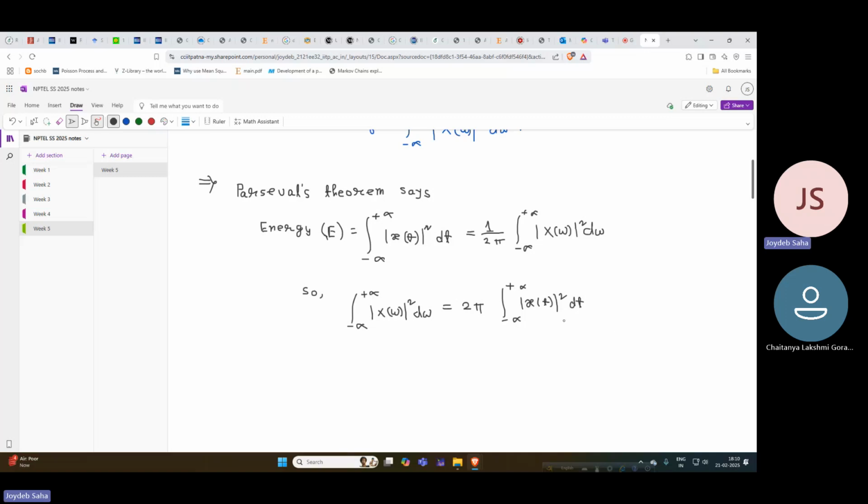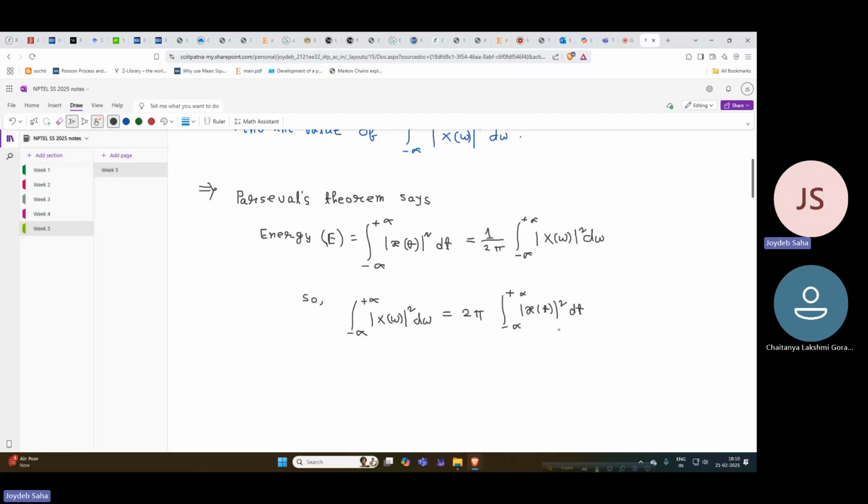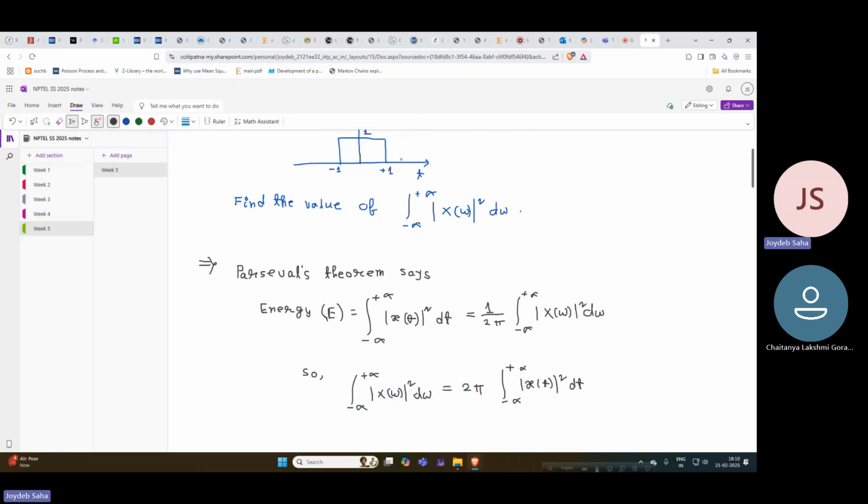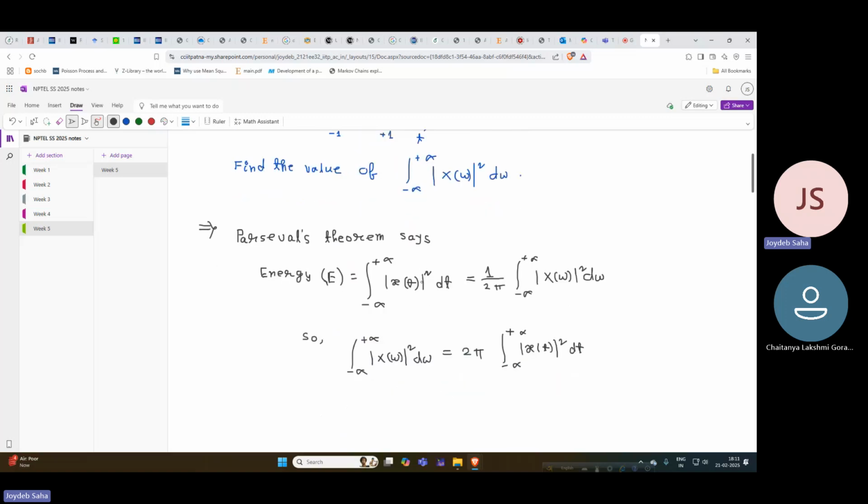So what is the value of x(t)? x(t) is from minus 1 to 1, its value is 1, otherwise its value is 0, right?